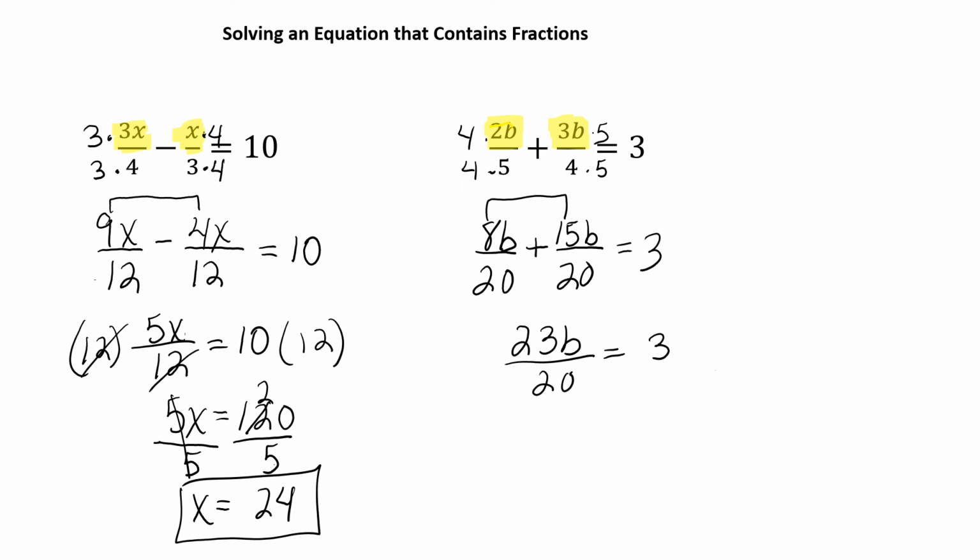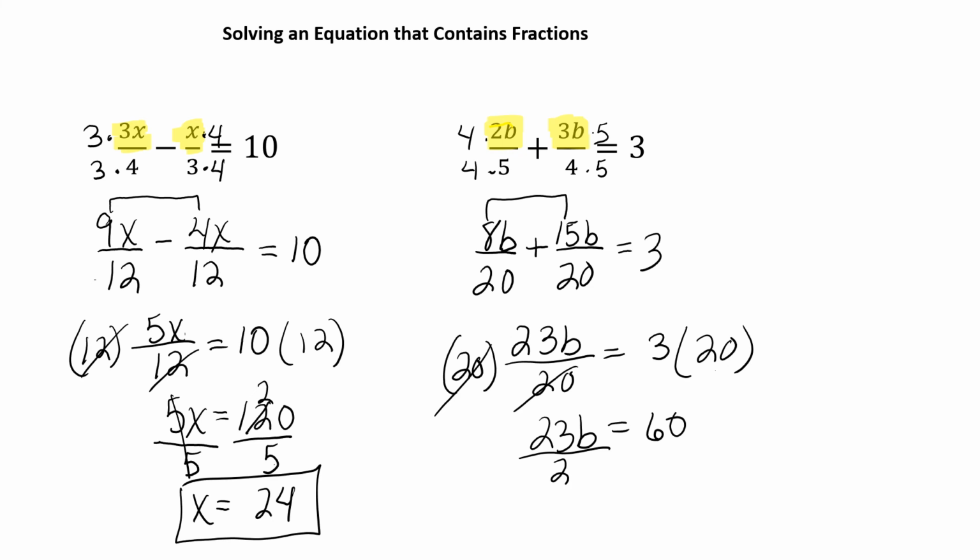If you notice, this is the same as the one we just did. Again, we have a division problem. To undo division, we're going to multiply by its denominator on both sides. 20s go away. You're left with 23b equals 60. Now we have a multiplication. Undo the multiplication by dividing both sides by 23.